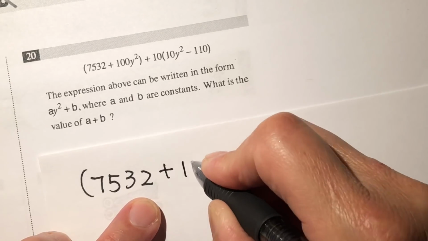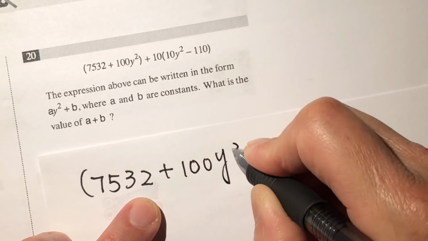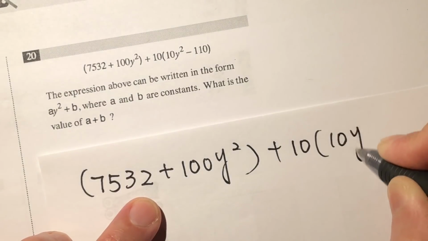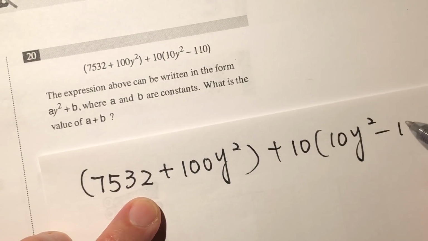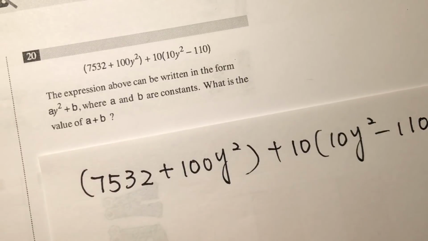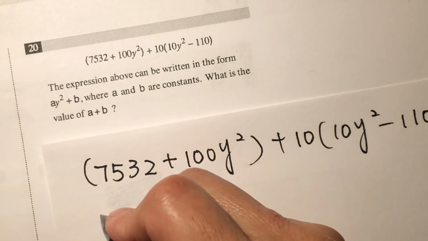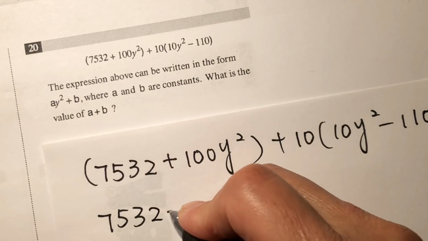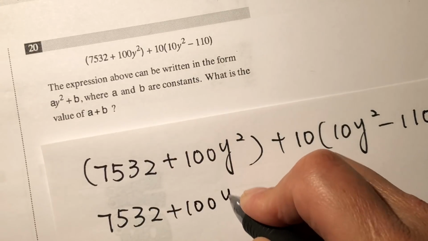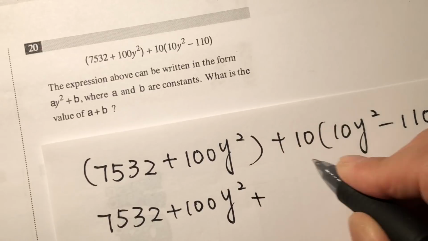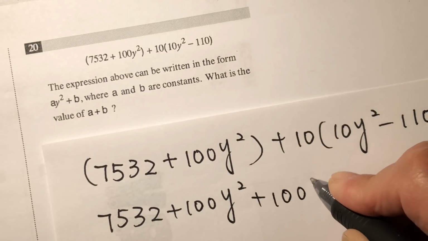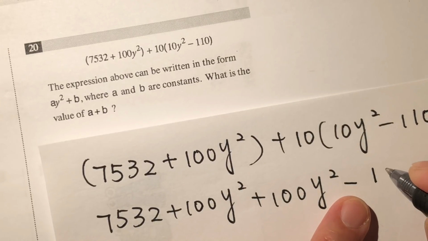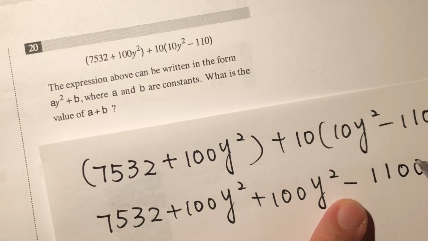7532 plus 100y squared plus 10 times 10y squared minus 110. So we open it up: 7532 plus 100y squared plus 100y squared minus 1100.